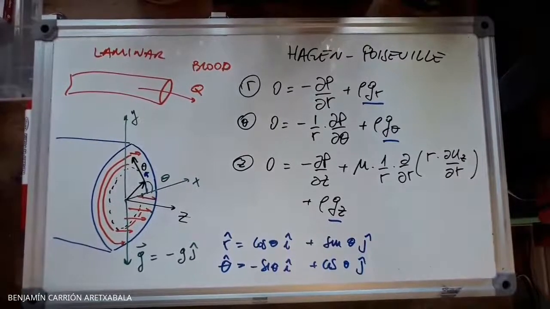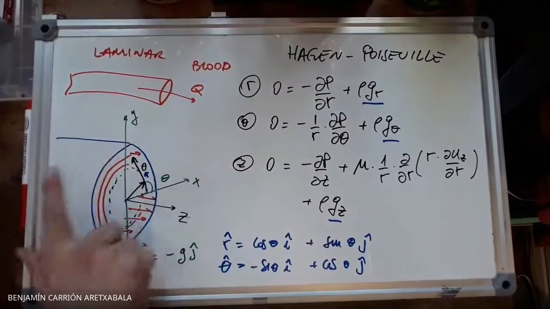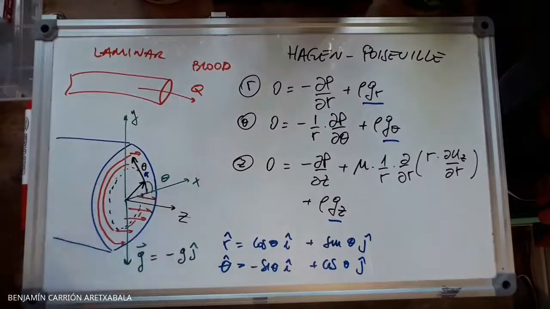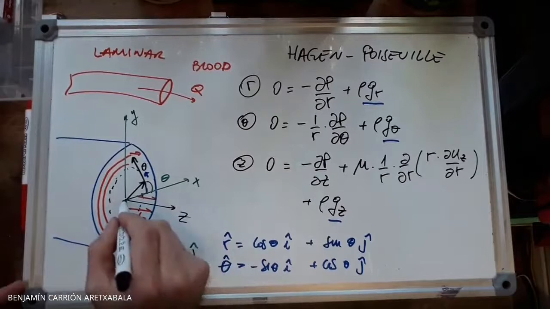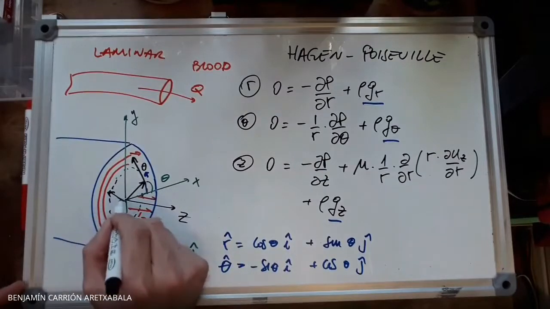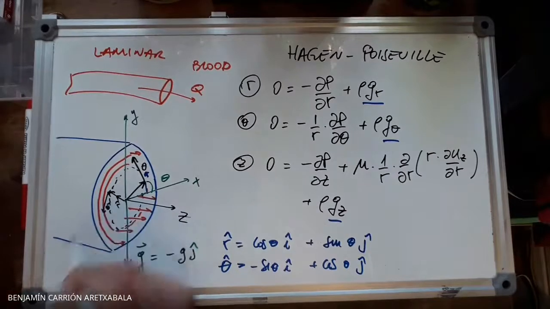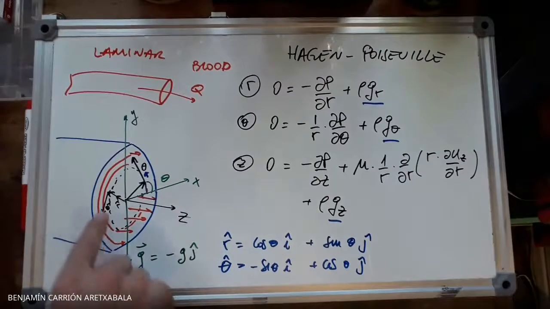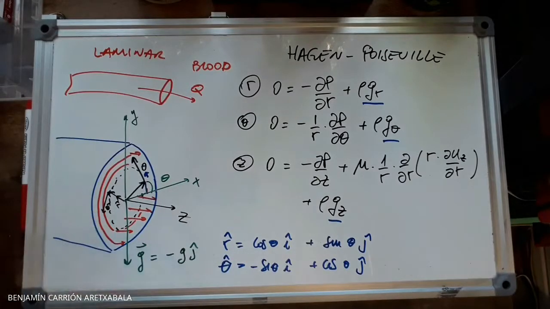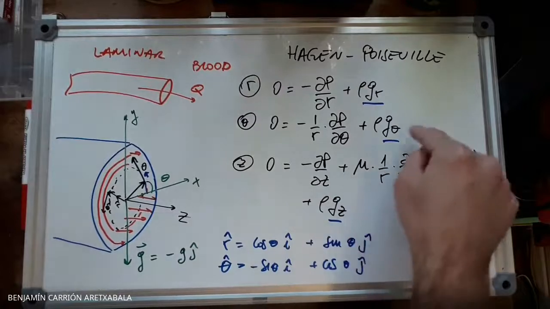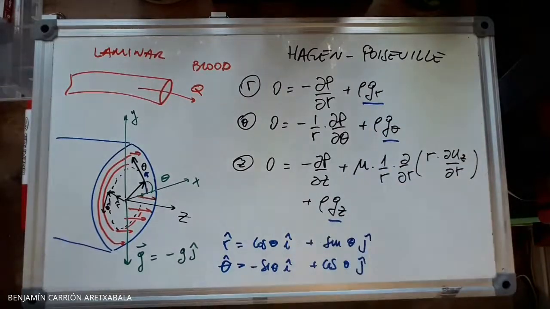Why am I doing this? Because as we move the point that we're interested in, this guy is going to be r, and this guy is going to be theta. And we need to determine how g is going to be projected into each of these directions, because that's what's going to give us these three values.